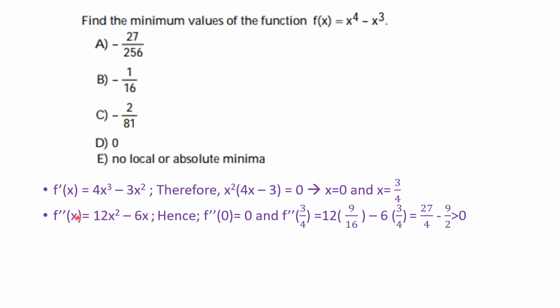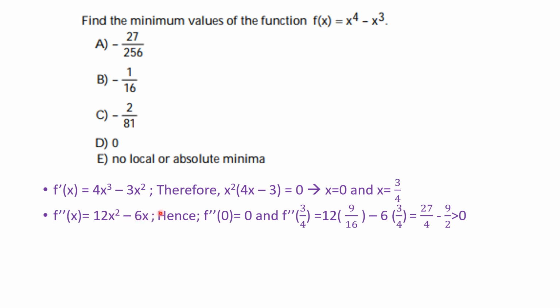Now, the second derivative will help us to find whether or not there is a minima and what is the value of the minima and so on. So f double prime of x equals 12x to the power 2 minus 6x.